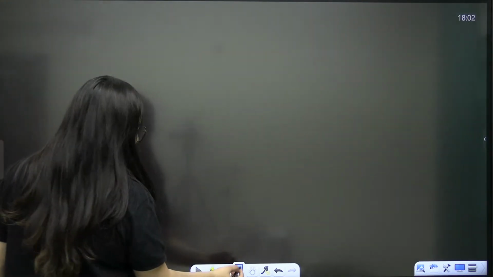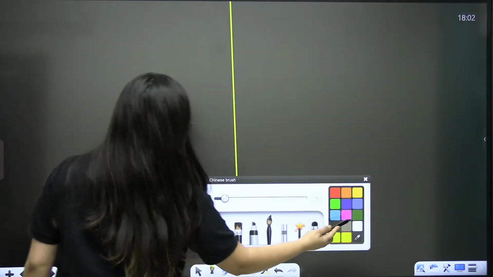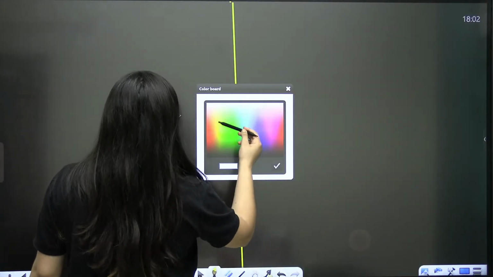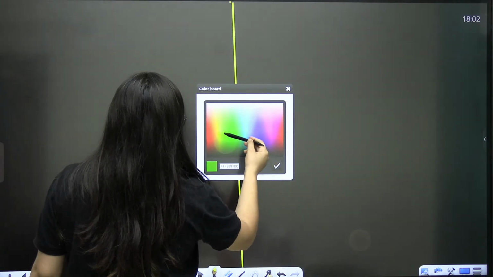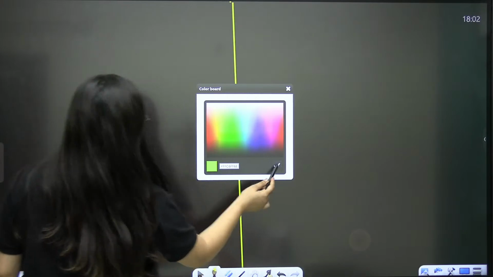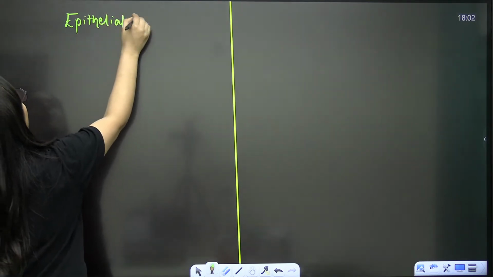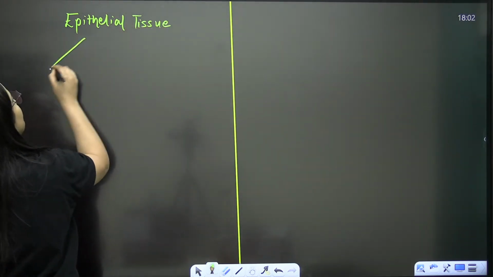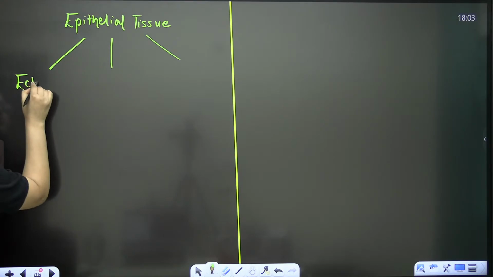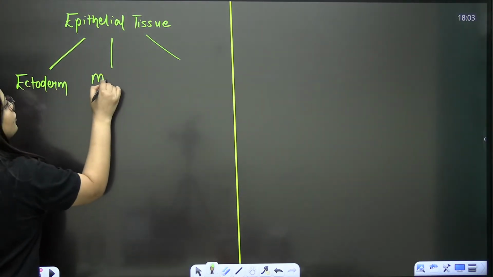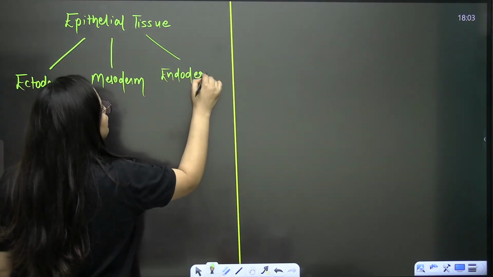Now, as I said, this epithelial tissue is made up of all three germ layers: ectoderm, mesoderm and endoderm.